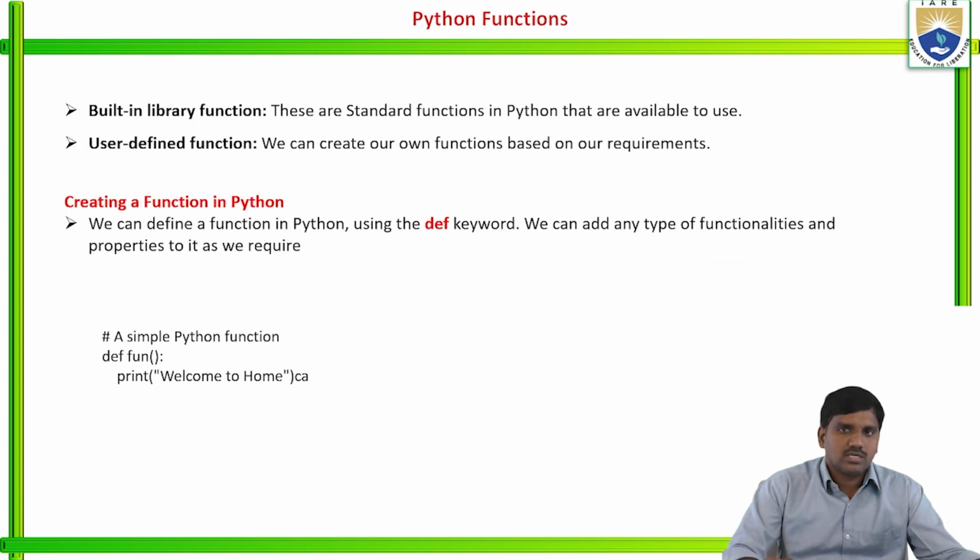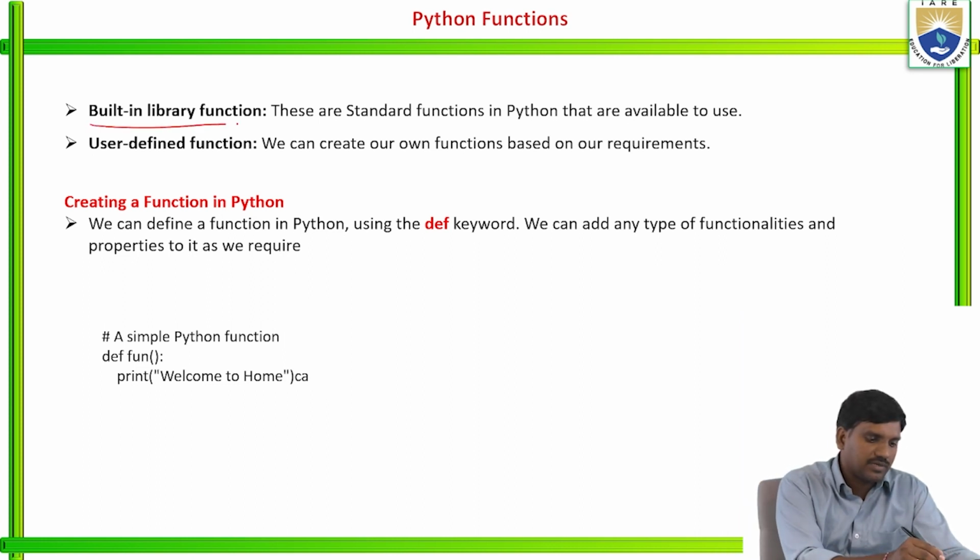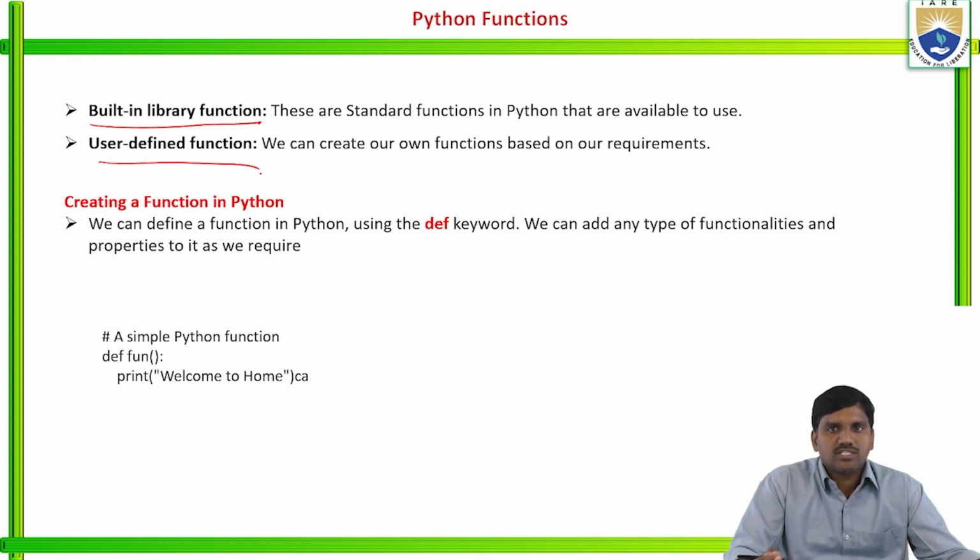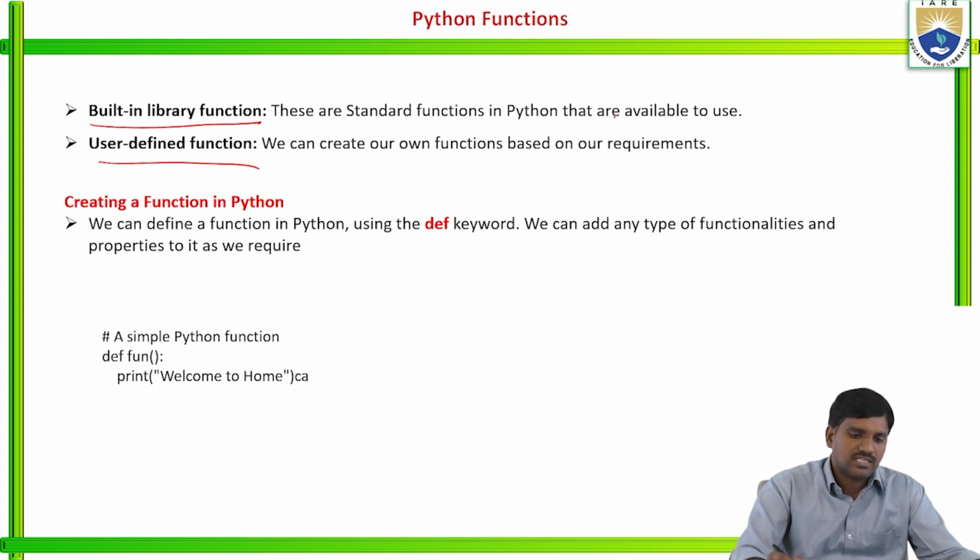Here we have two types of functions: the built-in library function and the user-defined function. What is a built-in library function? These are already defined standard functions, predefined functions available in the system. Whatever functions you need, you can use from the predefined standard functions of the system.